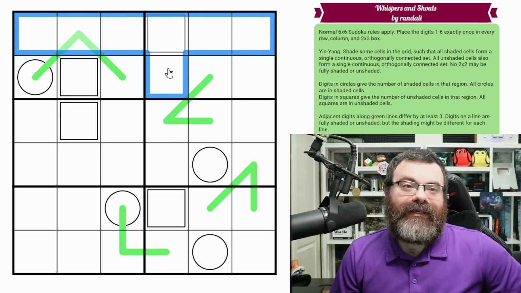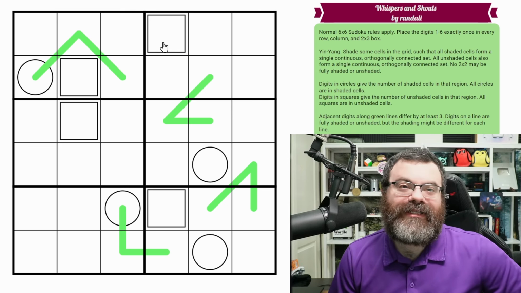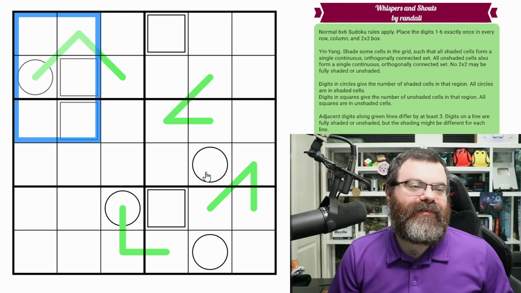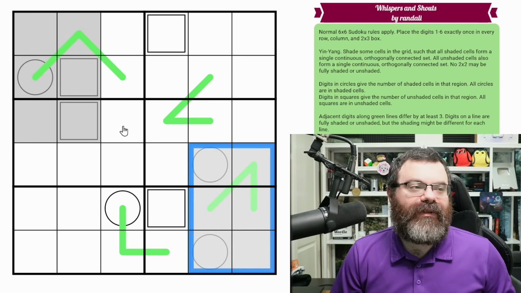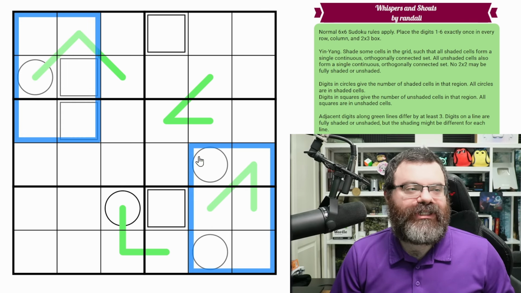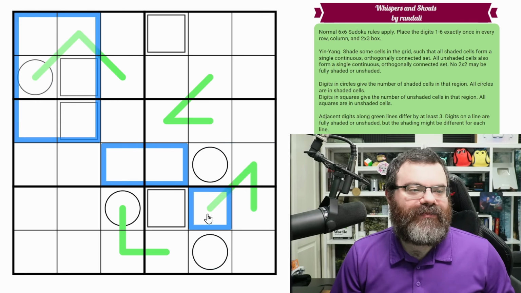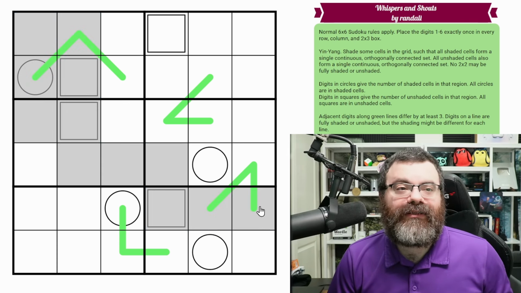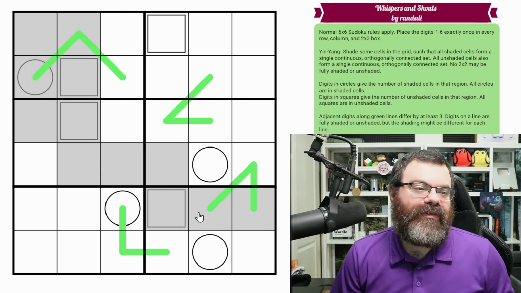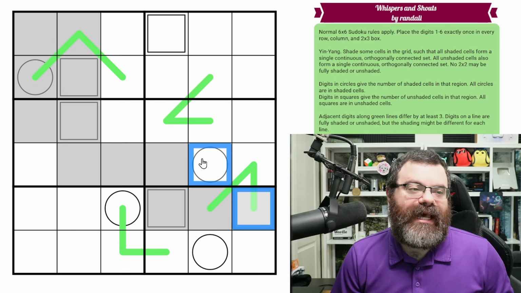So what does that mean? What are all these words meaning? So single meaning we can't have two different blobs of shaded that aren't connected to each other, right? We have one blob of connected shaded cells. So we've got to connect them somehow. Now, how do we connect them? Well, we have to connect them orthogonally. Orthogonally means sharing an edge as opposed to diagonally, right?